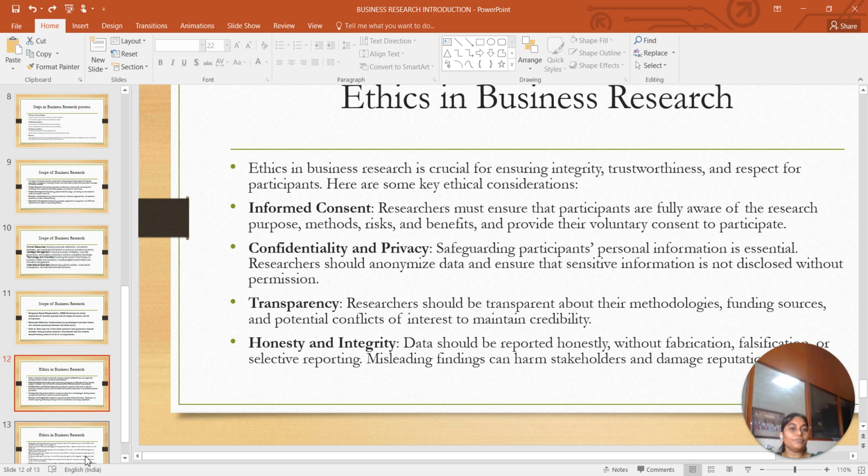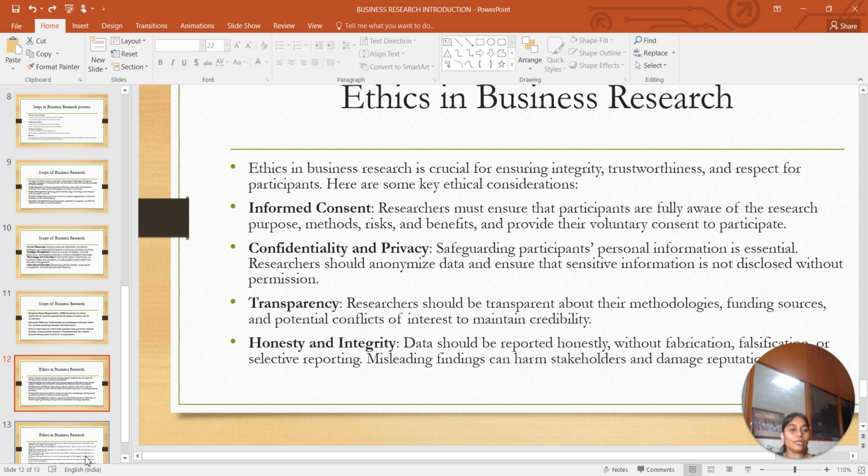confidentiality and privacy. So safeguarding of the participants' personal information is essential. The researchers should analyze data and ensure the sensitive information is not disclosed without permission. And transparency about their methodologies, funding sources and potential conflicts of interest to maintain credibility and honesty and integrity.